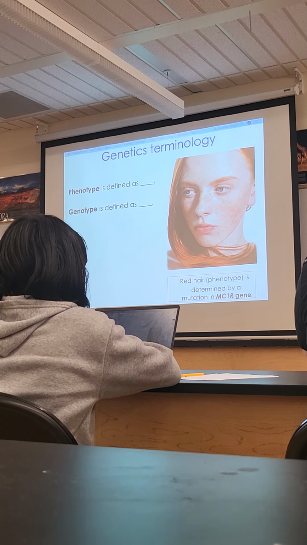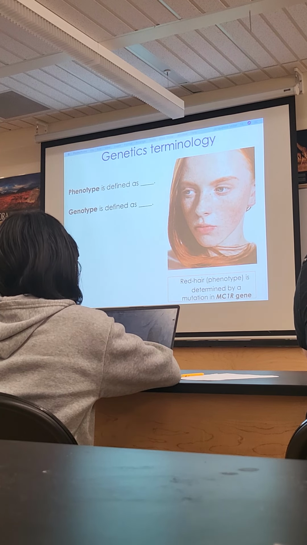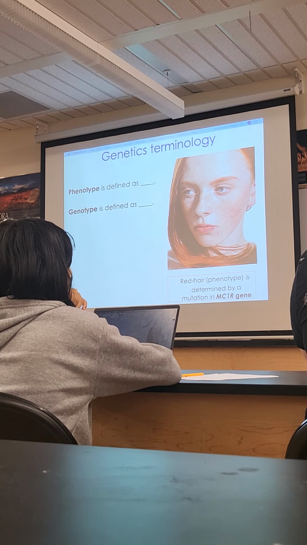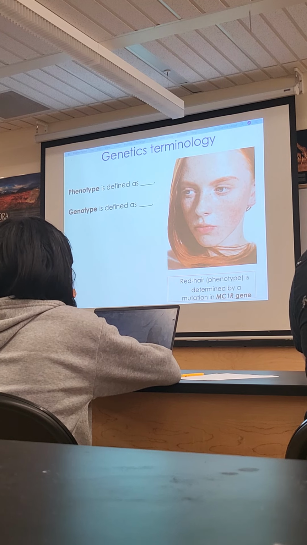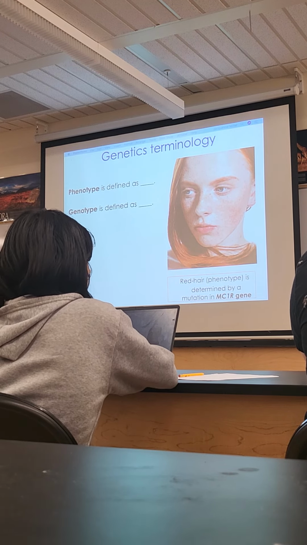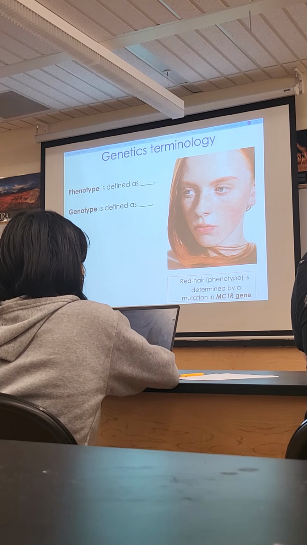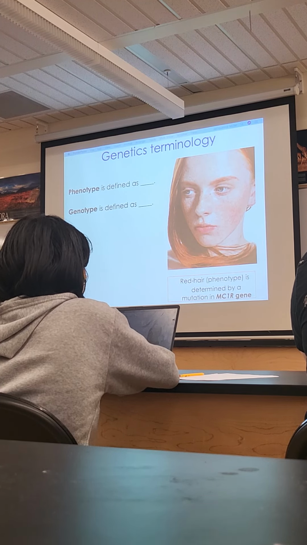If you have the mutant variant of the MC1R gene, it produces a red colored pigment instead of the darker colored pigment. In order to have red hair, because this is a recessive allele, you would have to have 2 copies of that same variant. So redheads have these 2 variant copies.